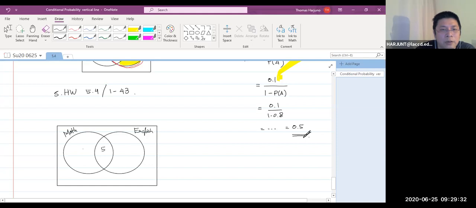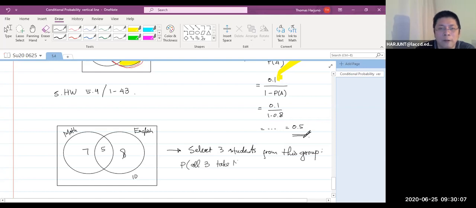We have 5 here, 7 here, 8 here, 10 here. And then let's say the question is to select 3 students from this group, and find the probability that all 3 take math. Be very careful, don't change that A to E.